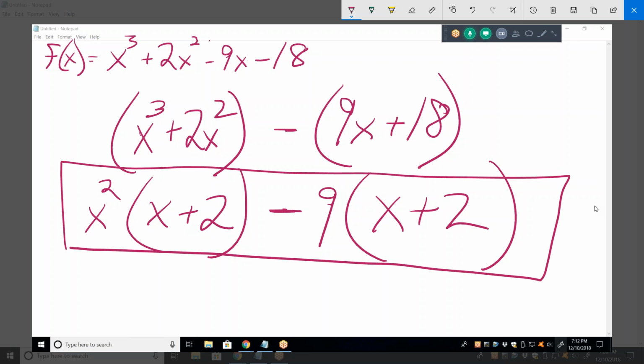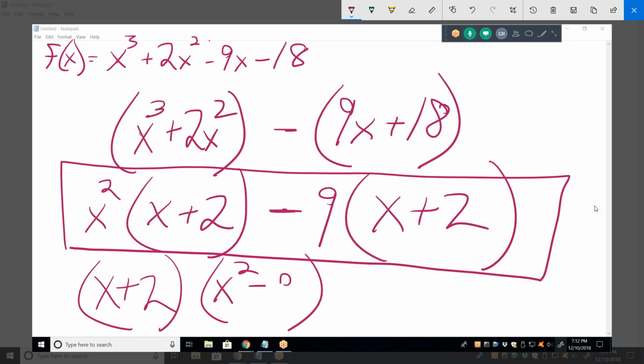What is divisible into both terms? X plus 2, which is a binomial term. You're not used to factoring out binomial terms. What's left over? X squared minus 9. Beautiful. That's how it works.